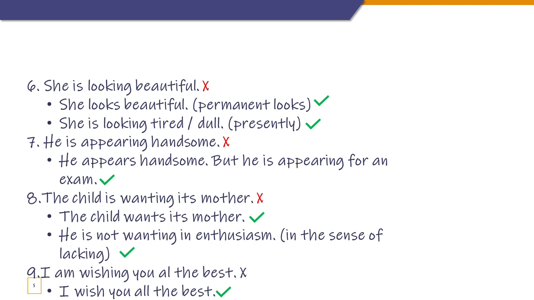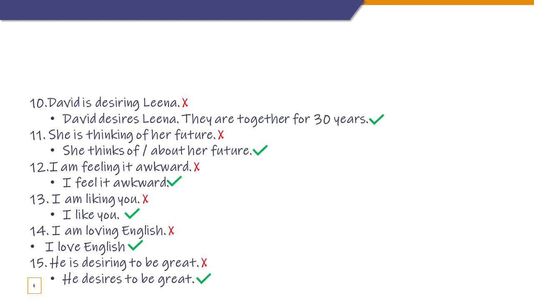Now that's a different expression. It doesn't carry the same meaning as I'm wishing you. So when you're conveying your wishes, when you want to use I, you can't use the present continuous. You should always use the simple present form, which says, I wish you all the best. That's more appropriate. Okay, let's go to the next one.